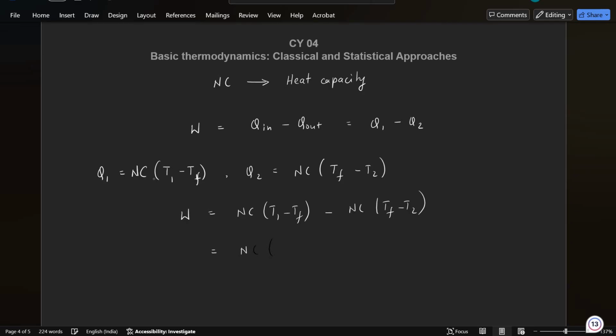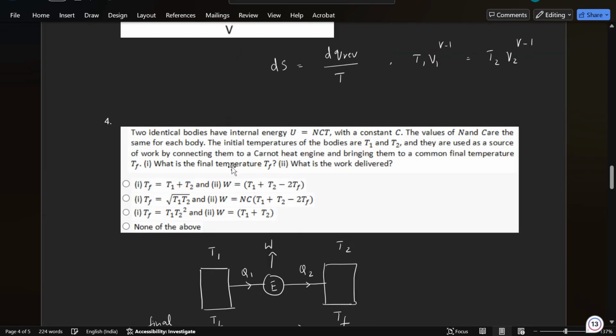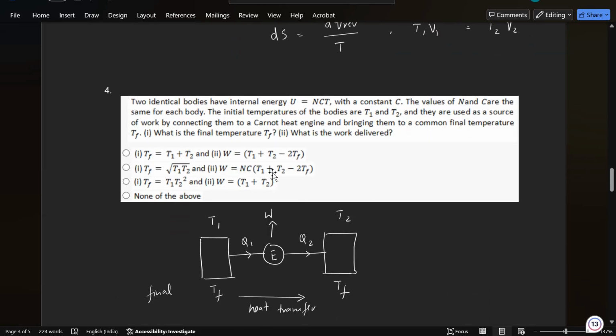NC T1 plus T2, because minus and minus is plus, and then minus 2TF, correct? So this is the W that we need. This is the final work done. So if you can see here, the final work done is NC T1 plus T2 minus 2TF. So this is the correct option for W.